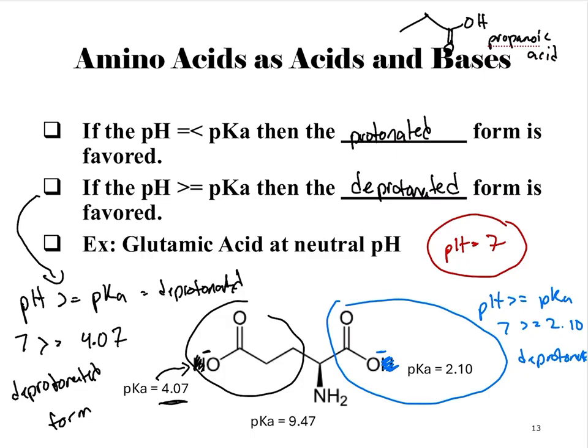And then now let's look at the amine group, right? So the pKa for that is 9.7, right? Is that greater than or equal to 7? It's greater, so the pH is less than or equal to the pKa, which means that this is going to be protonated or deprotonated. It'll be protonated.